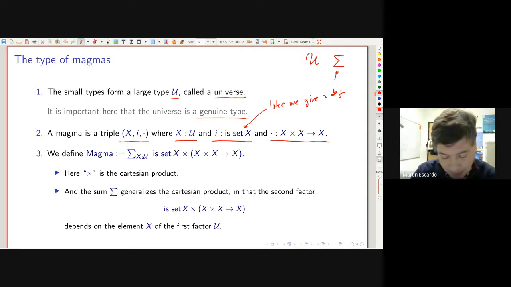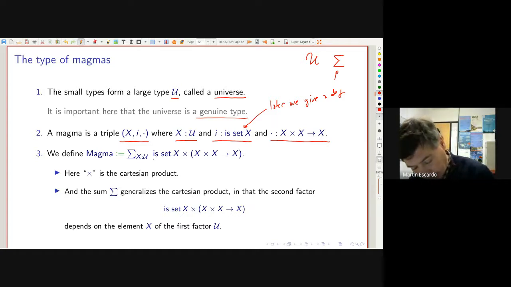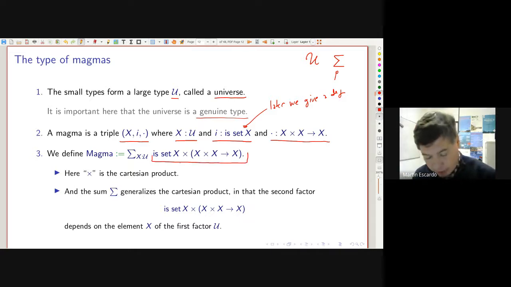So the sigma type is like the Cartesian product. Here we have a Cartesian product. Let's look at this definition carefully. We look at it from inside here. We have this Cartesian product, and this corresponds to this part here.